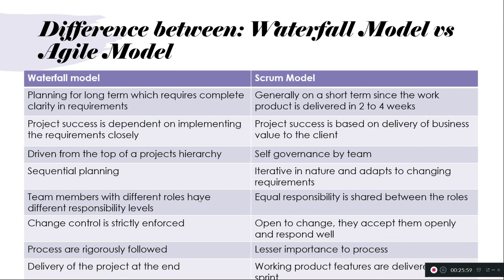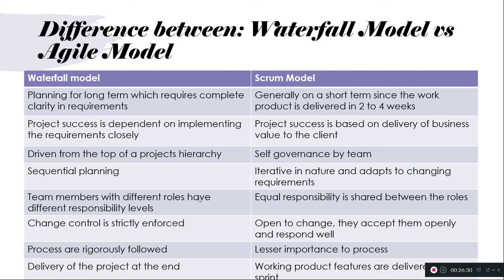Here project success is based on delivery of business value to the clients. As we keep on accepting, the requirements keep on changing. So the end product is very important for the success of the product. Waterfall is driven from the top of a project's hierarchy. In waterfall model, there will be a lot of roles and responsibilities.